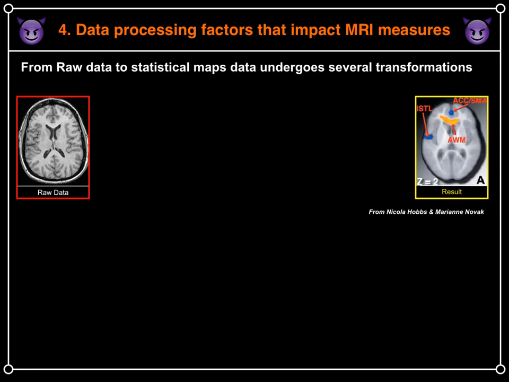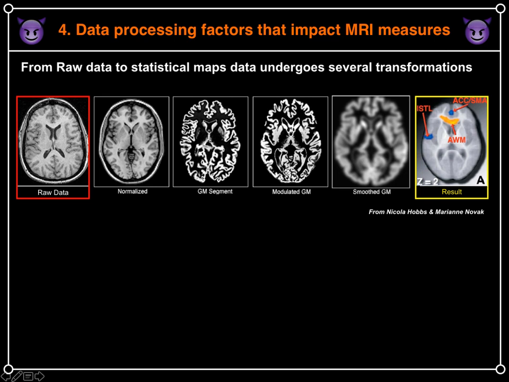There are other factors like data processing factors. What I want to show you here is, in terms of T1-weighted images, probably the raw data that you initially get. But the final product of all the analysis would look something like this. What's happening in between is all these steps: normalization of these images, segmentation, modulation of the gray matter, smoothing, and so on. So there are several transformations that the data is undergoing, and at each point it's sort of like a recipe, and so biases can be introduced.